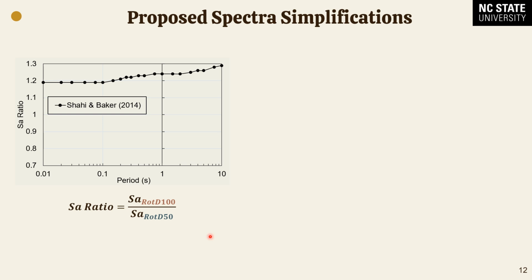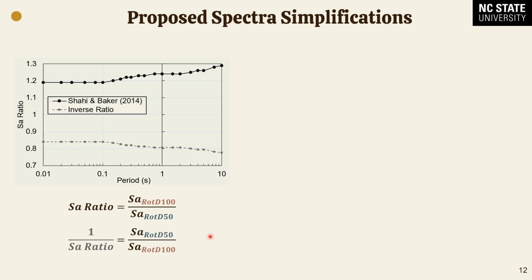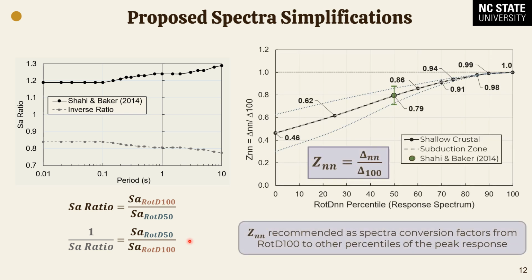Another way of looking at this ratio is the inverse ratio of that, essentially looking at how much of the amplitude of rho D50 is in proportion to the maximum. In that manner, we can look at any percentile of the peak amplitudes of design ground motions to the maximum, which is rho D100, that cannot be exceeded.